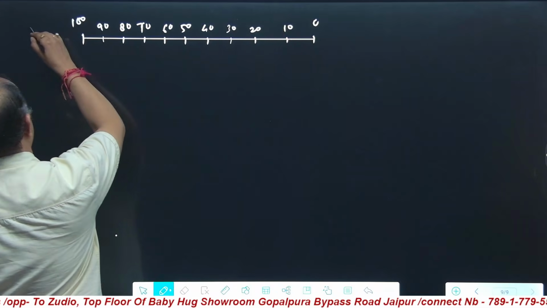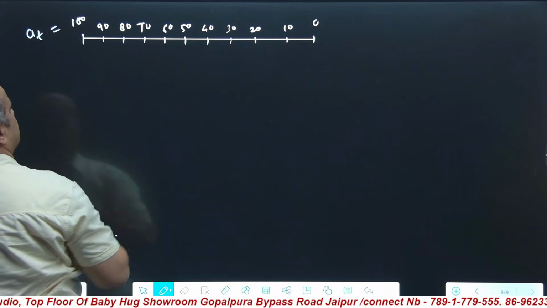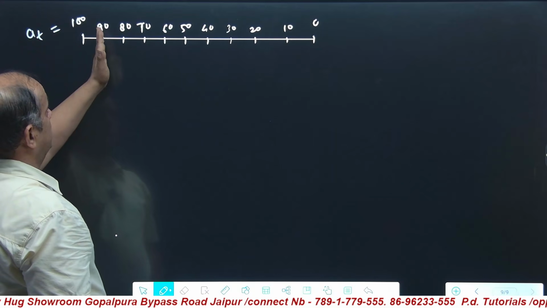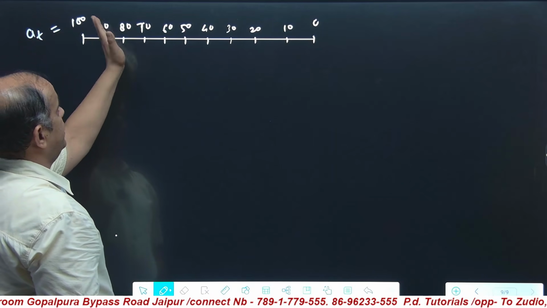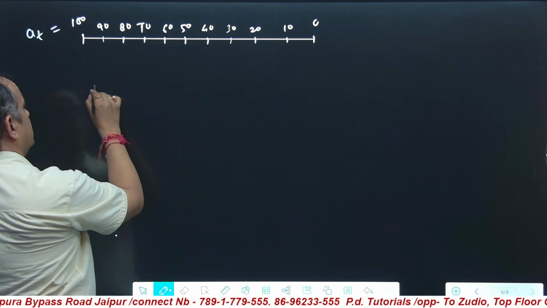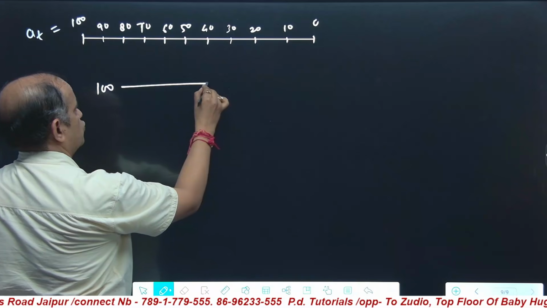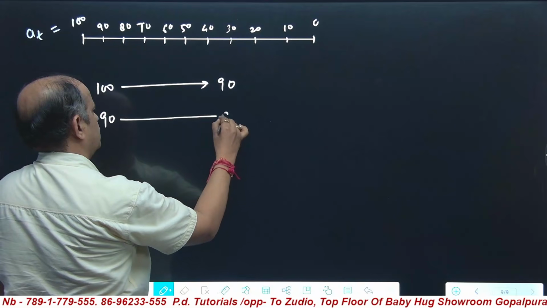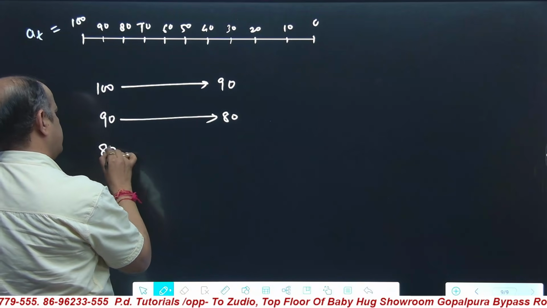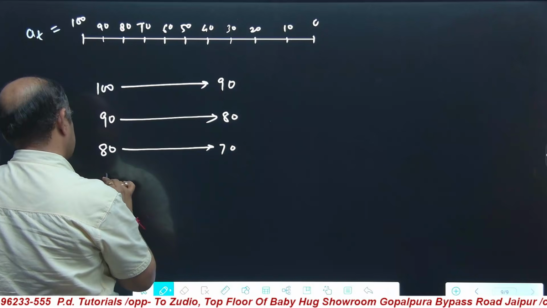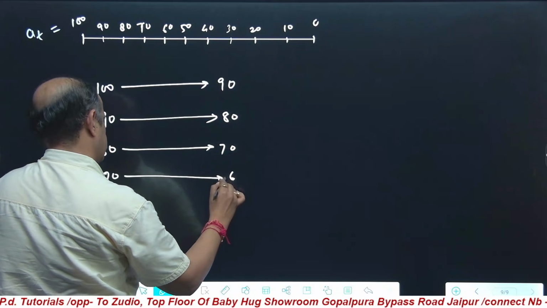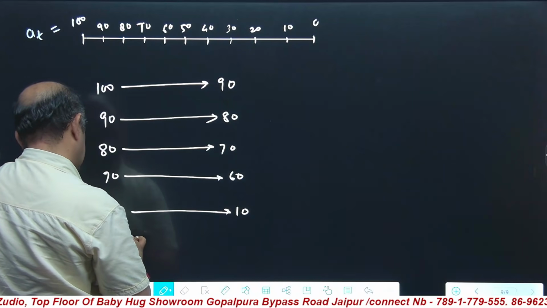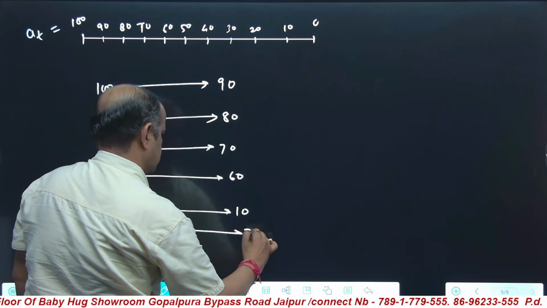The initial concentration of reactant is 100. 100 to 90, 90 to 80, 80 to 70, 70 to 60, and so on, 20 to 10, 10 to 0.